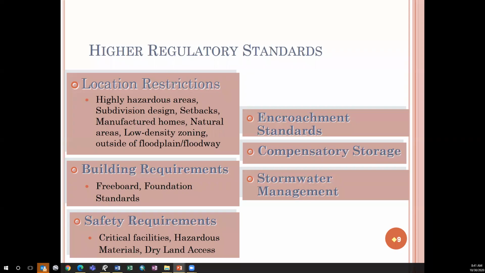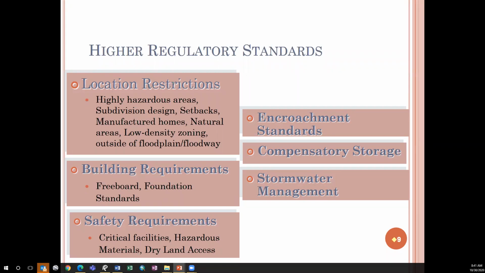Encroachment standards, you can say that this fill cannot, or this structure cannot encroach into the floodplain at all, as we talked about in the Illinois case a minute ago. Compensatory storage, as I mentioned in that one slide showing the cross section, when you place fill in the floodplain, it has an effect on downstream floods.